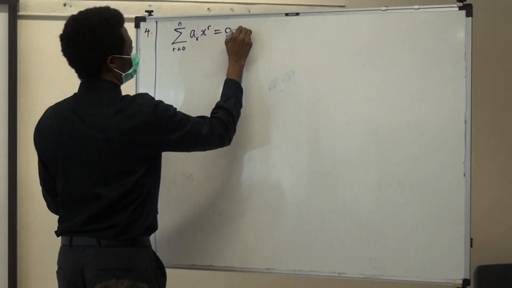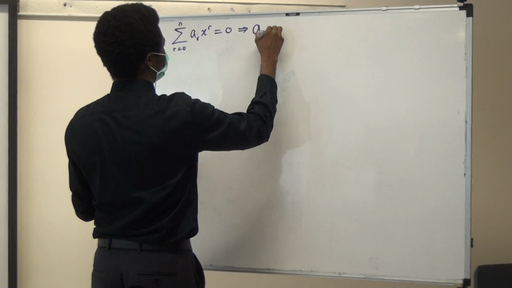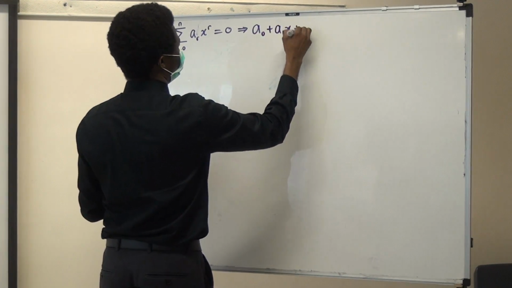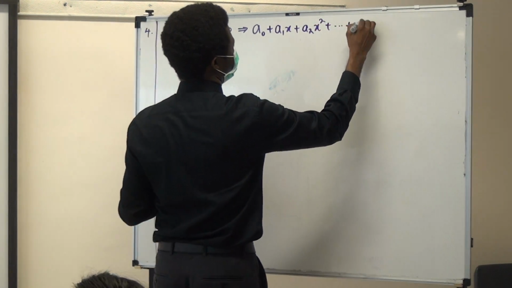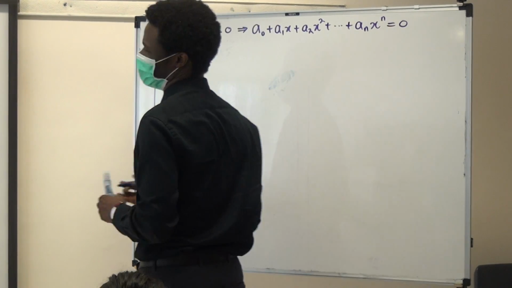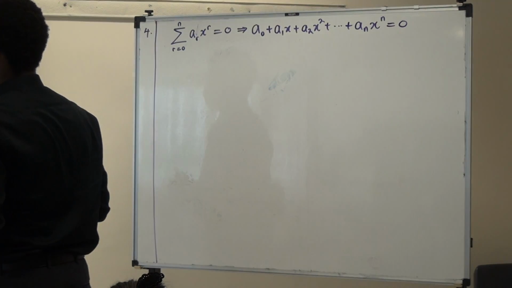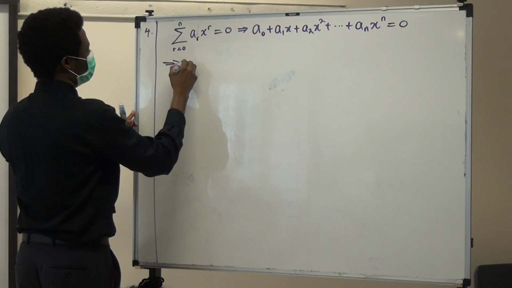Which in expanded form simply means a0 plus a1 x plus a2 x squared and up to an x^n. So this is a polynomial equation of degree n. Okay? So to make it look like that, I'm going to arrange it in descending powers of x.